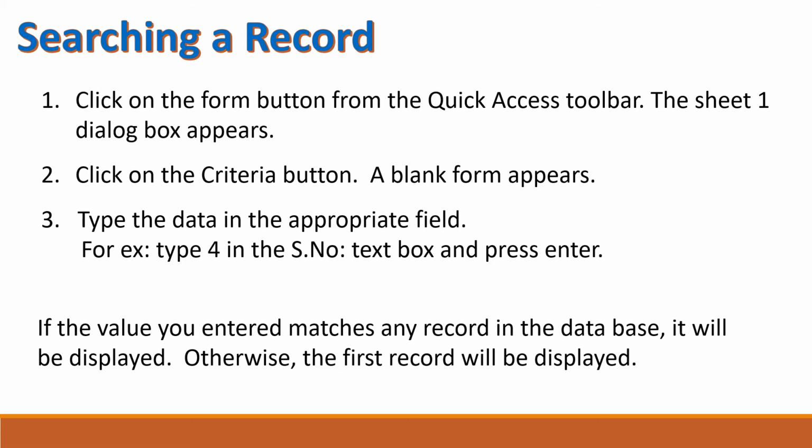For example, in our database 7 to 8 records are there, but in the serial number dialog box I have entered 10. So as the serial number 10 is not matched with the records present in our database, automatically it will display the first record.